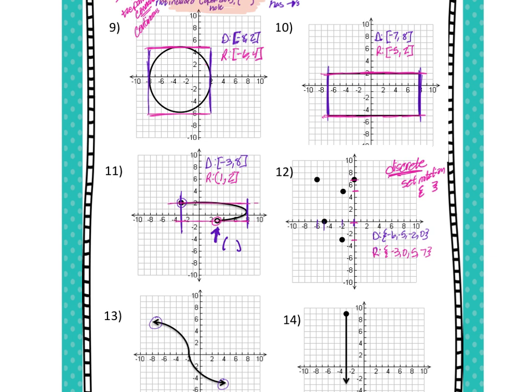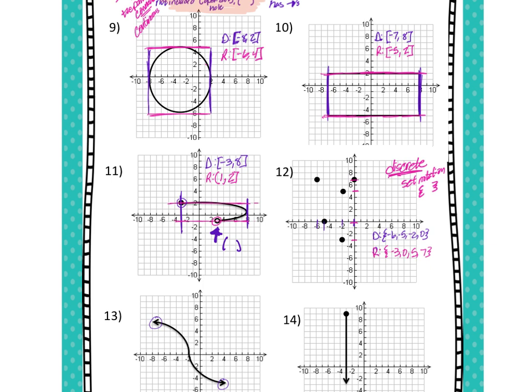Or if it's an arrow, okay, I'm going to use a parenthesis. So this means if I have an open point, are you okay with that? I have an open point. It's a hole in my graph, basically. I'm going to use a parenthesis.